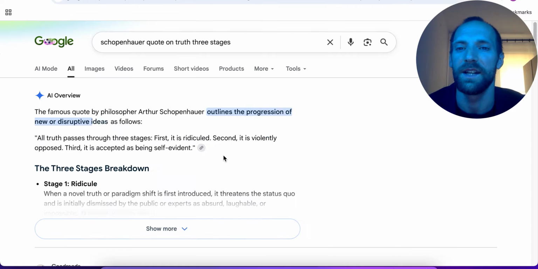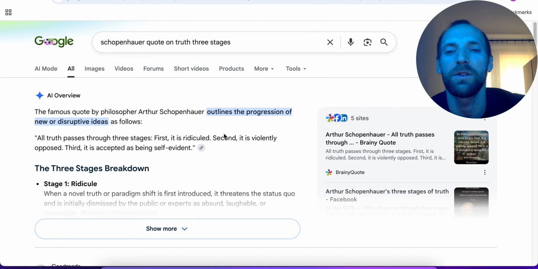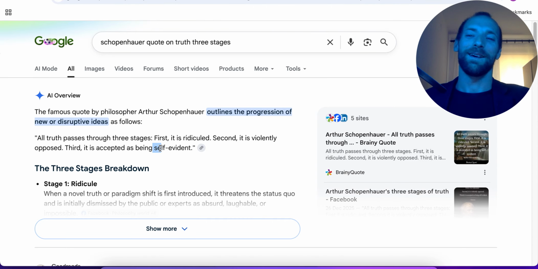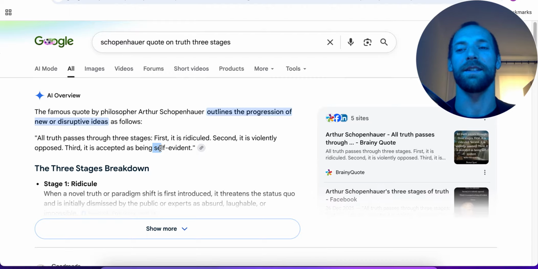All truth passes through 3 stages. First, it is ridiculed. Second, it is violently opposed. And third, it is accepted as being self-evident. That's a brilliant aphorism, I guess we could call it. A brilliant summary of how truth arises. And this was famously spoken by Arthur Schopenhauer.